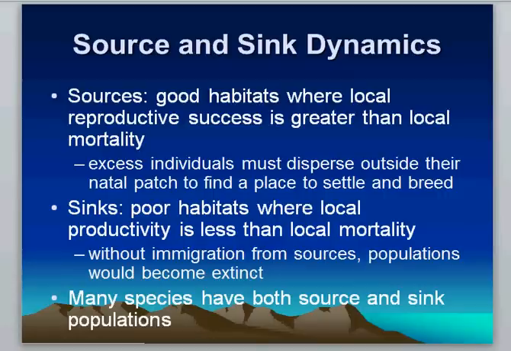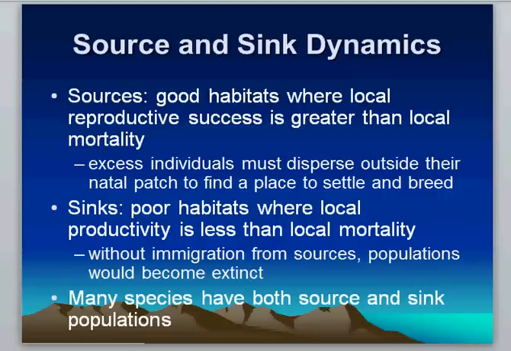Because in many cases they are density dependent, the individuals generated in these places, the offspring, need to disperse somewhere else to find a place to live out their lives. So these excess individuals must disperse outside of their birth patch or natal patch to find a place to settle down and breed.